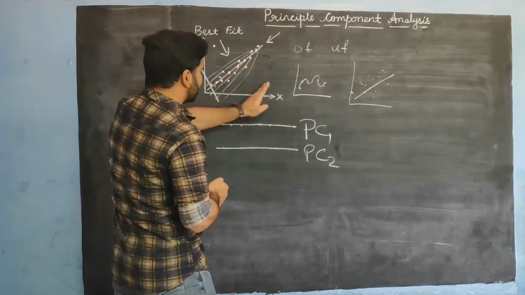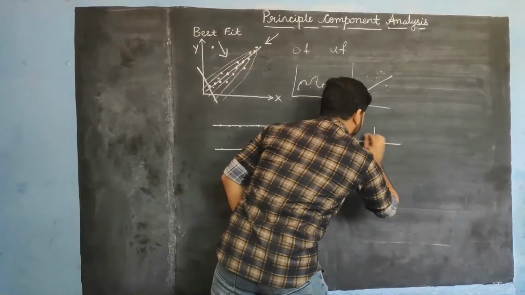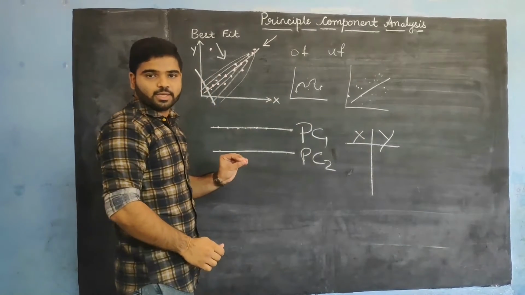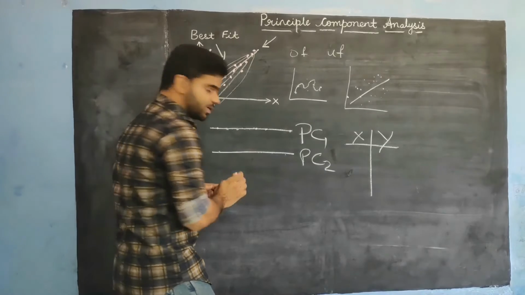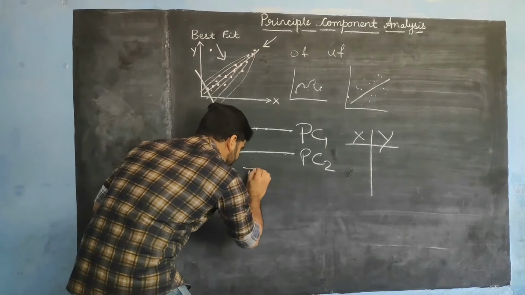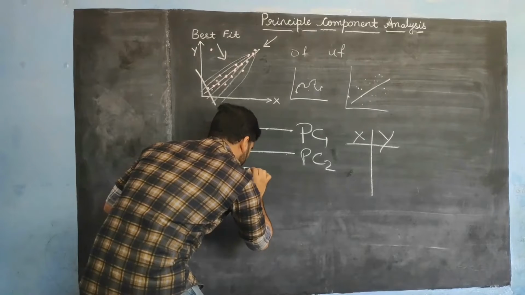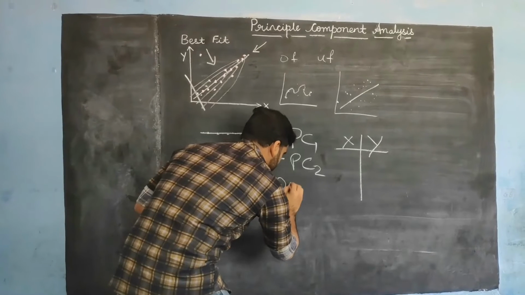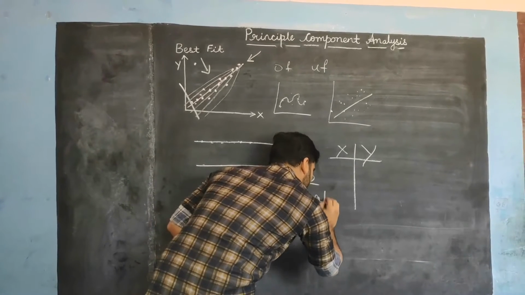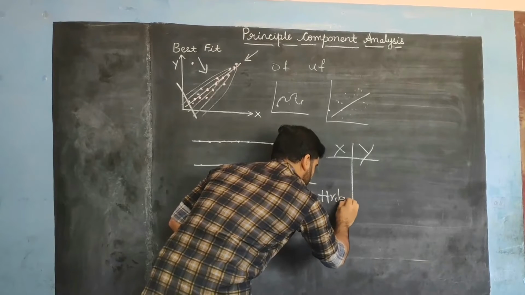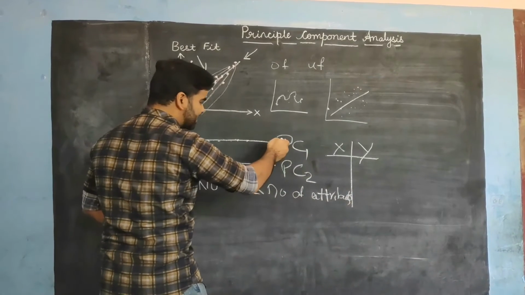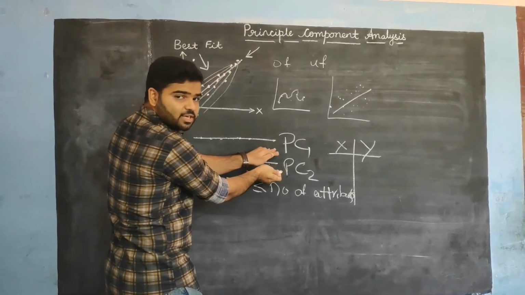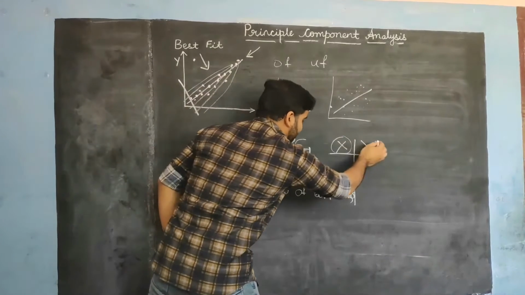Here there are two attributes, X and Y. Now here is an important point: the number of principal components, the number of PCs, should be less than or equal to the number of attributes. So here we have taken PC1 and PC2. That's it. Only two principal components can be taken, because there are only two attributes.